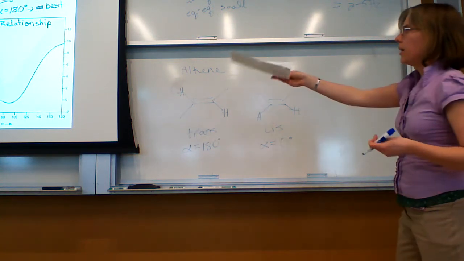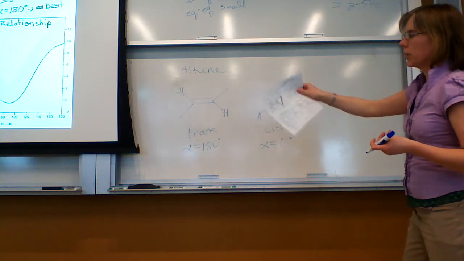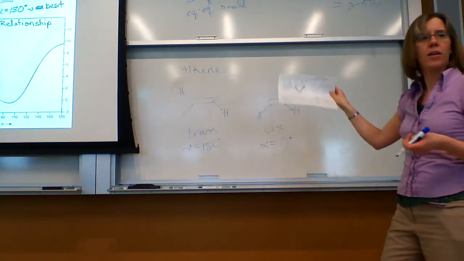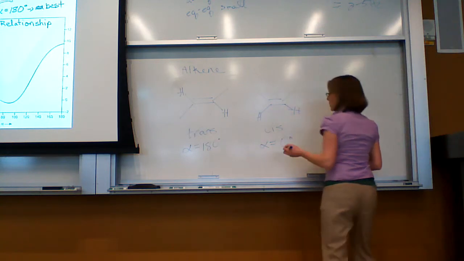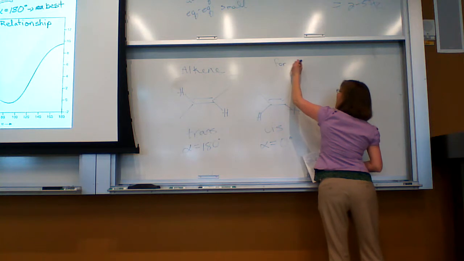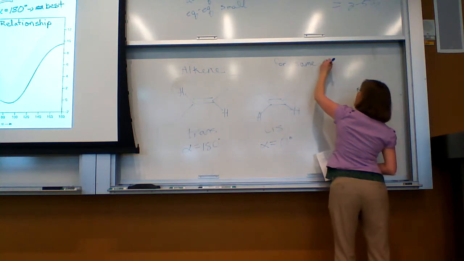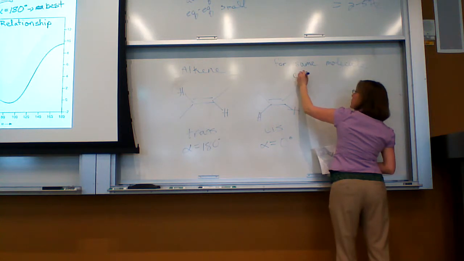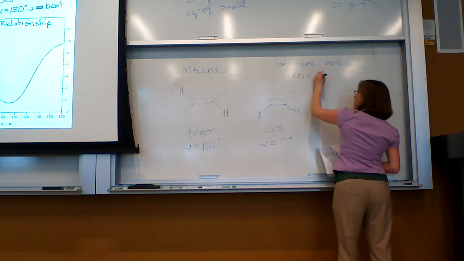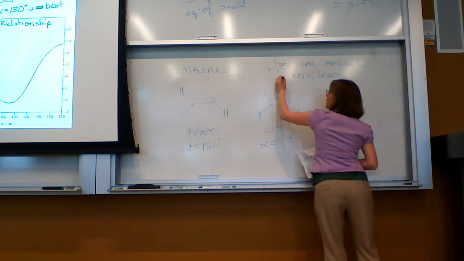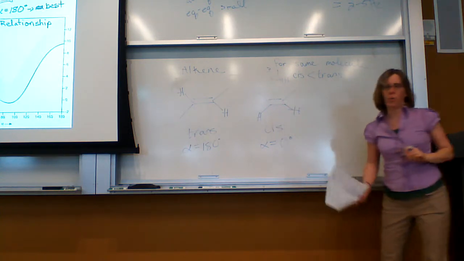So this is a case where the 0 comes into play. And as we can see from the Karplus relationship, 0 is going to be smaller than the 180. So for the same molecule, your cis is always going to be smaller than your trans, if you're looking at the J3 HH coupling.